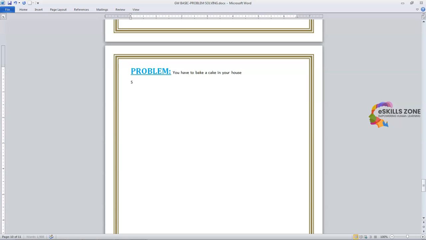So this type of algorithm I'm gonna use for it is called step form algorithm. You can also type like, the algorithm for baking cake is as follows.